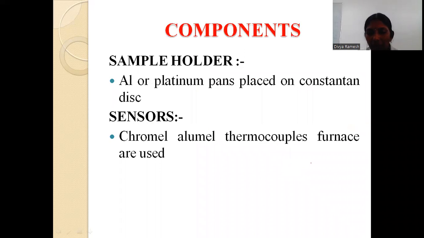After calculating this, the depicted results will be matched with the temperature, and melting point, thermal stress and various thermal properties can be studied with the help of this heat flux DSC and power compensated DSC.